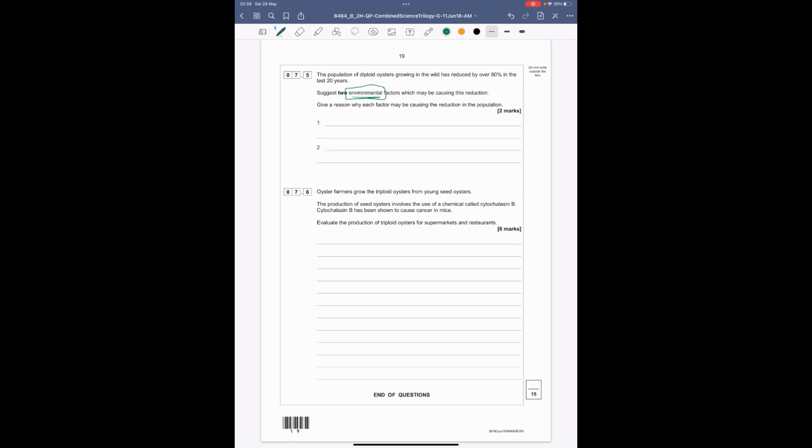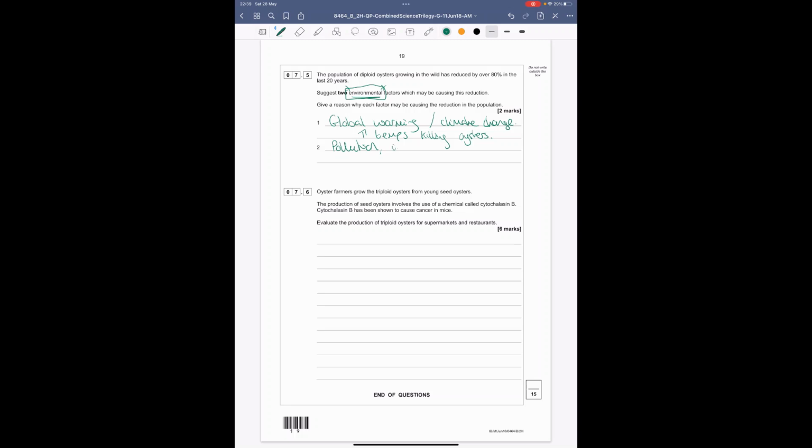Well, it could be to do with global warming or climate change, because increasing temperatures may be killing the oysters. There could be other environmental factors, could just be pollution. Maybe there's pollution from farmlands getting into the water.